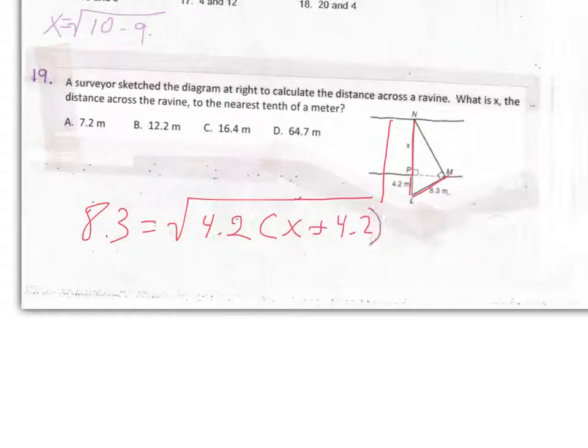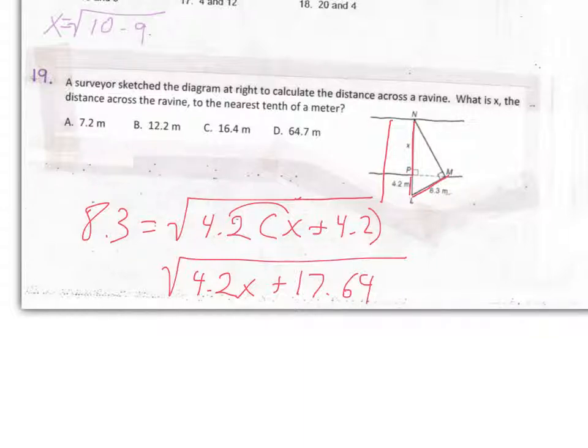So we're going to have to distribute that 4.2 over, so we're going to end up with 4.2x plus 4.2 times 4.2, which is 17.64. To get rid of the radical, we square both sides.